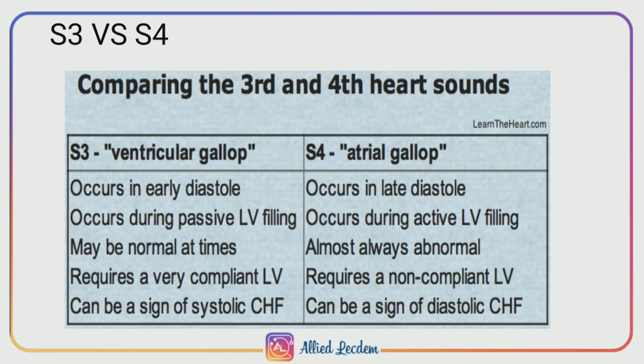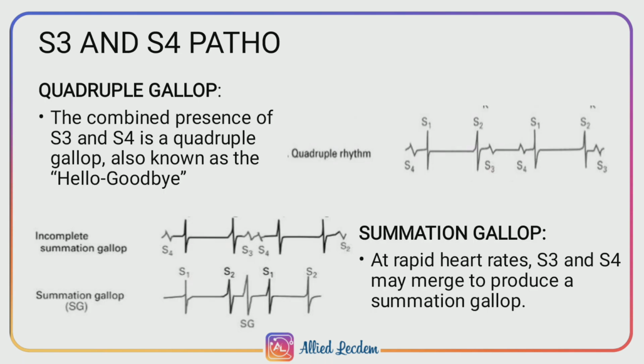S3 may be normal at times, but S4 is always abnormal. S3 requires a very compliant LV, S4 requires a very non-compliant LV. S3 can be a sign of systolic congestive heart failure and S4 can be a sign of diastolic congestive heart failure.